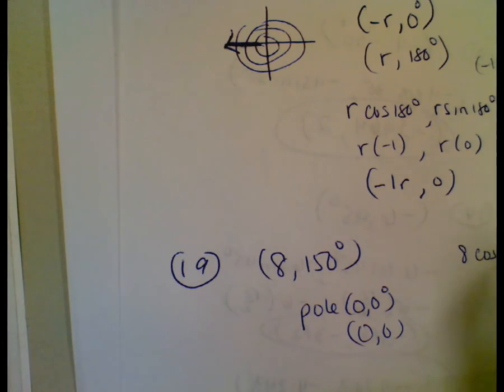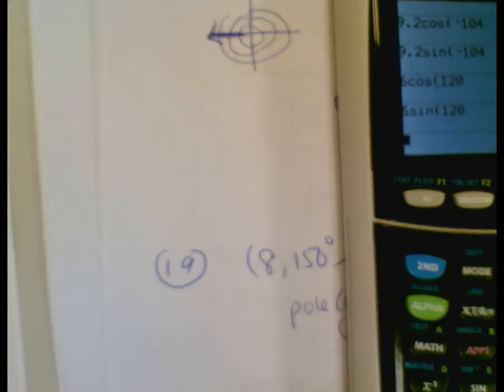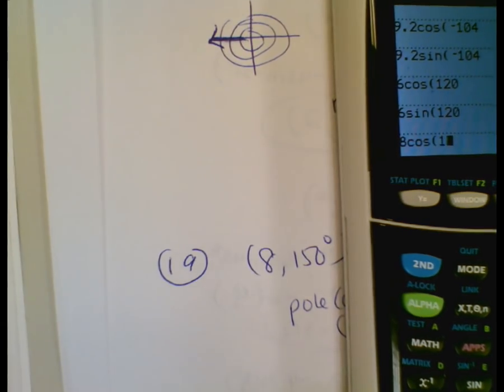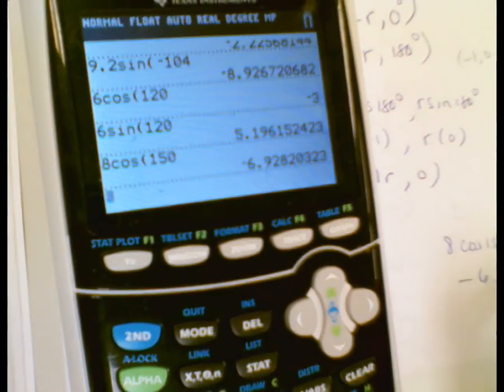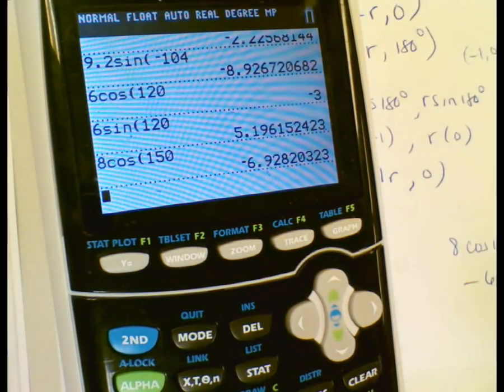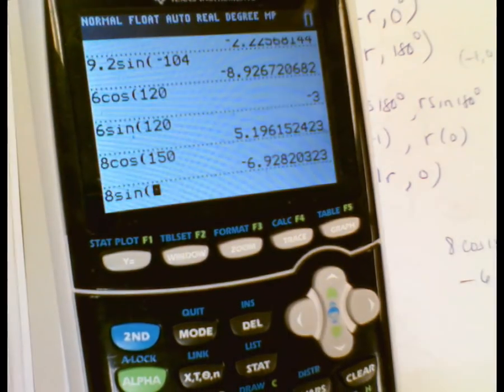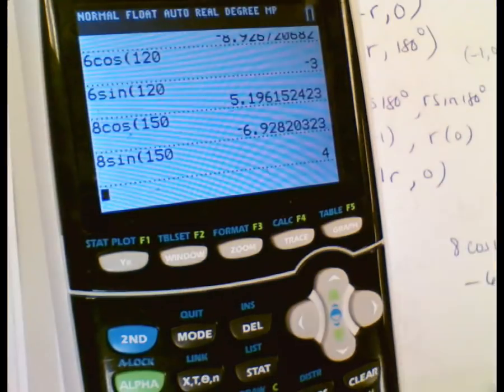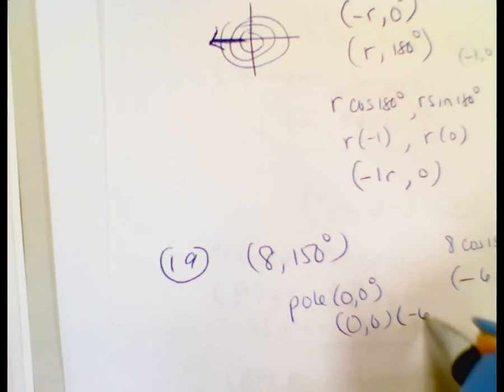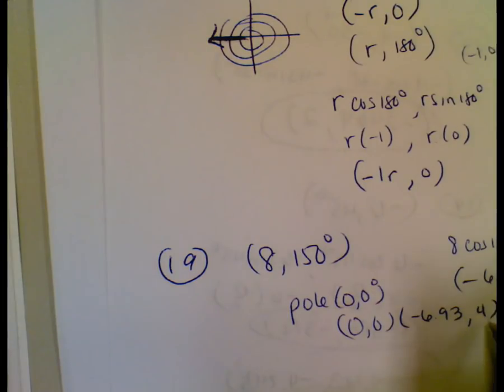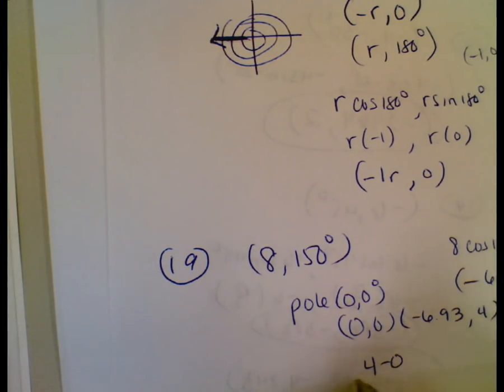So 8, 150 would be 8 cosine of 150, 8 sine of 150. Let's just do this on the calculator. 8 cosine of 150 is negative 6.928, so we'll say 6.93. And 8 sine of 150 is 4. So if you did a slope of these points right here, you would go 4 minus 0 over negative 6.93.